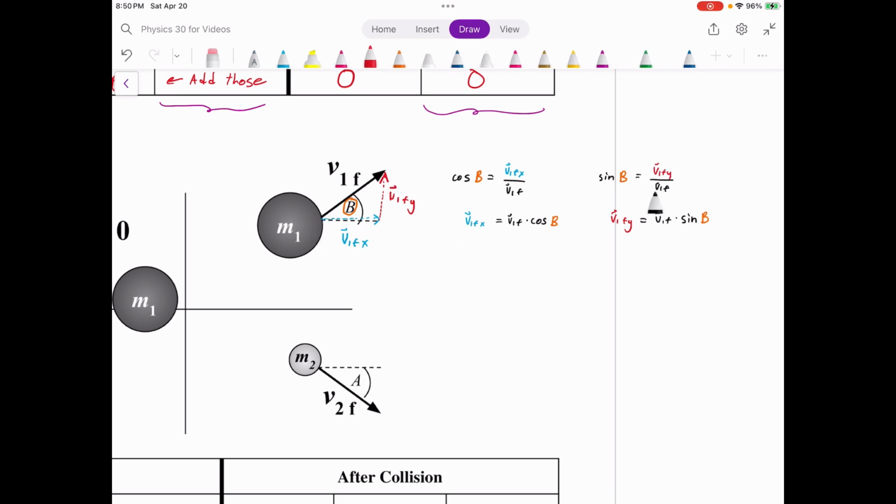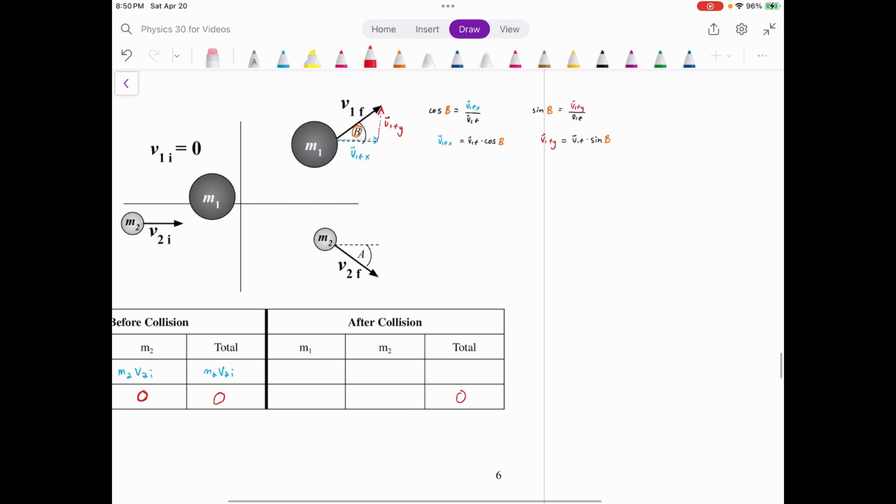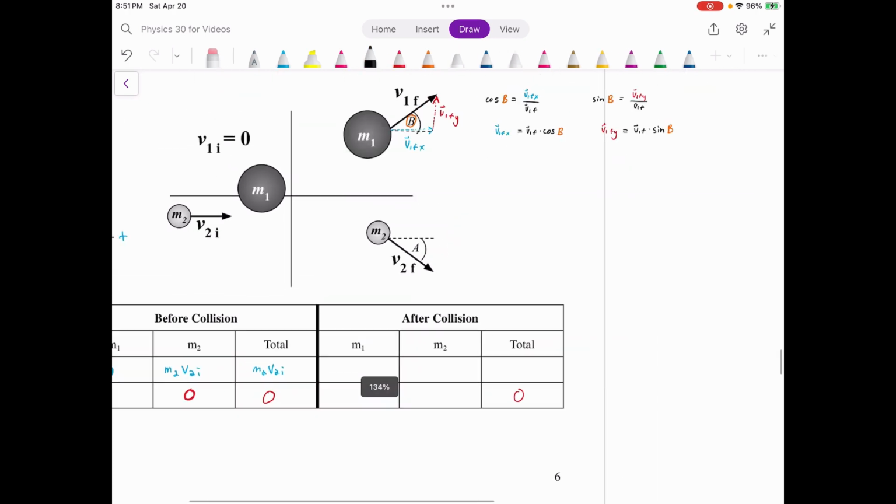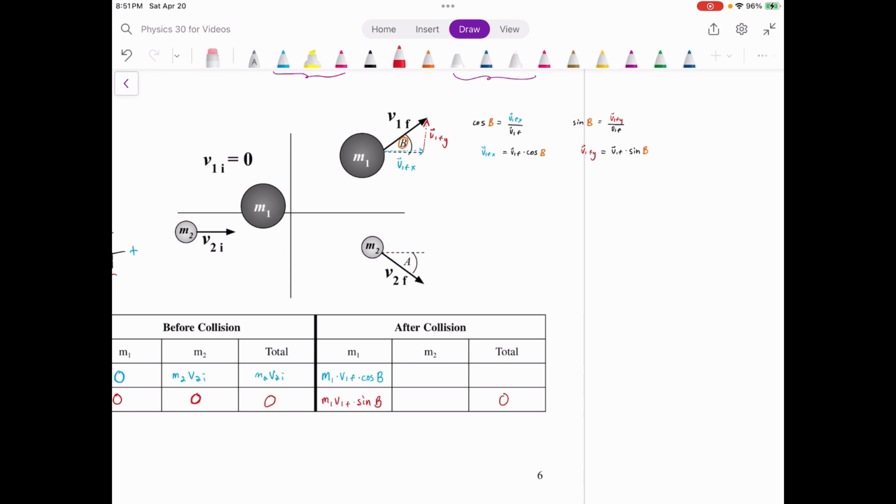Same logic for the y component, except it's opposite and hypotenuse that we have, so we would use sine. So after the collision for mass 1, what's its final x momentum? Well, it'll be its mass times its final x velocity. And the same goes for the y momentum, but mass times the final y velocity. So putting those in here, we get that.